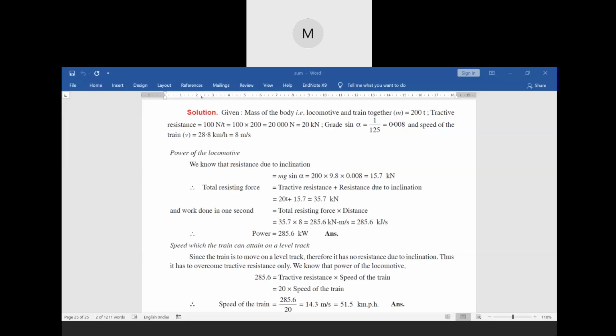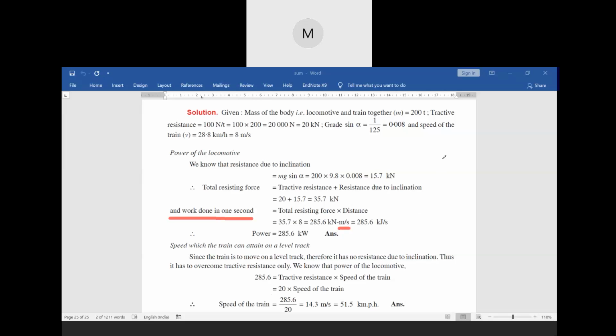That is why we have written work done in 1 second. Since this meter per second comes into play, we write work done in 1 second.